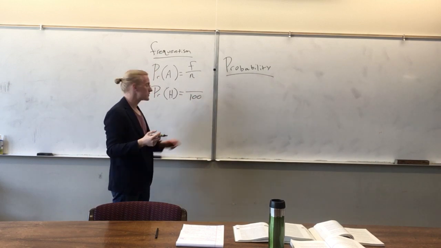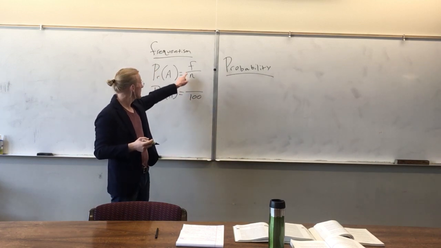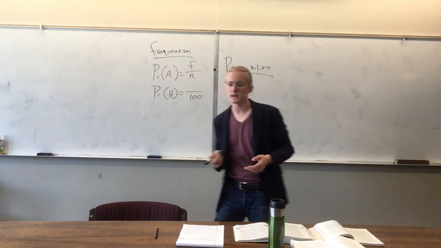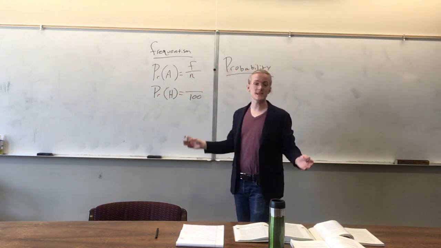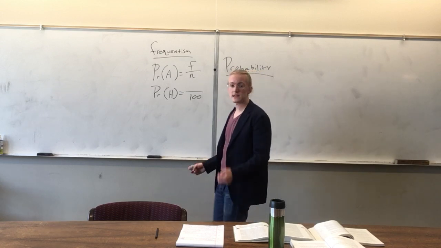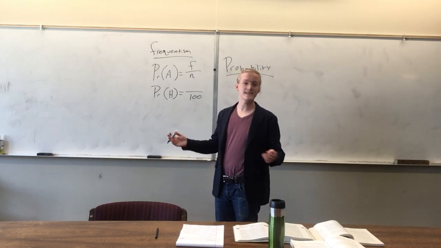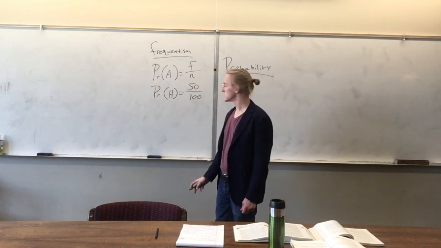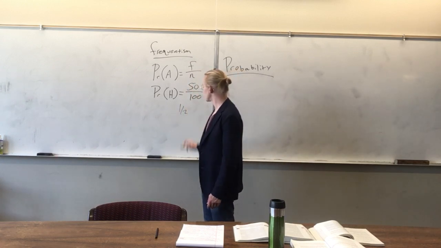So I'm going to flip the coin 100 times, so 100 will stand for n, and f is the number of times that the coin actually does flip heads. So just for the sake of making it easy, let's say that I flip the coin 100 times and it's the case that I flip 50 heads. So the probability of getting a head would be 1/2.